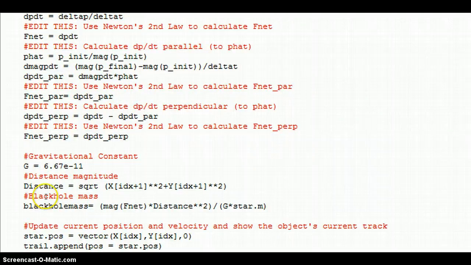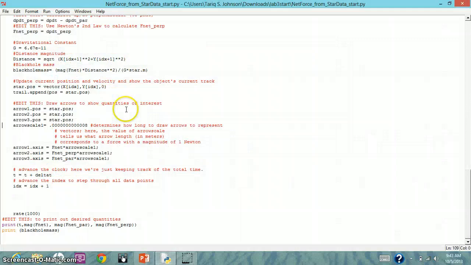I then input the formula for the black hole mass, which is the magnitude of F net times the distance squared over the G constant times the mass of the star, which I showed earlier. And as you can see right here, here is what I did to make the arrows correspond with the F net perpendicular and F net parallel. And I told it to print the F net and also print the black hole mass.